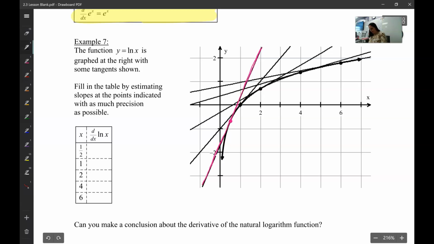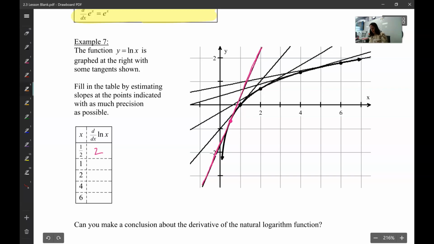So what I'm doing here is I want to run 1 and then see how much I rise in that time. Because then I can do rise over run and just divide by 1. So if I go from here to here, that looks like I rise 2. So this looks like a rise 2, run 1. So the slope at x equals 1/2 would be 2. Rise 2, run 1.